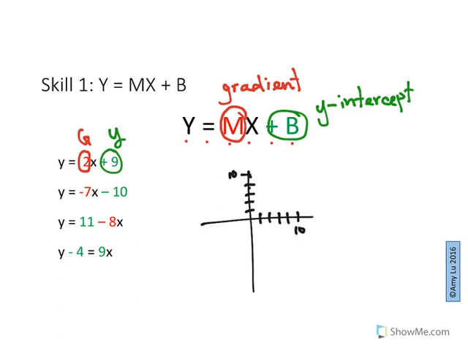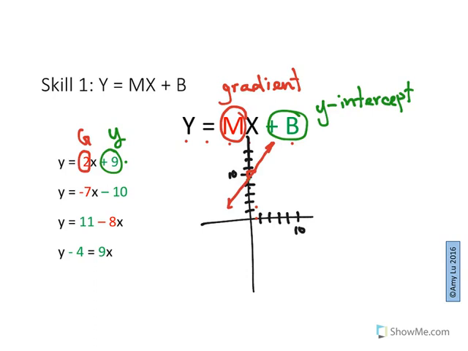Because my y-intercept is 9, it would cross the y-axis right here at 9. Now, the gradient is going up by 2. So I would rise up 2 and run 1 in order to put down my next coordinate. And that would create the steepness of my line. So that's the basic idea.